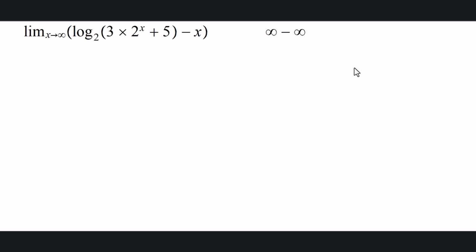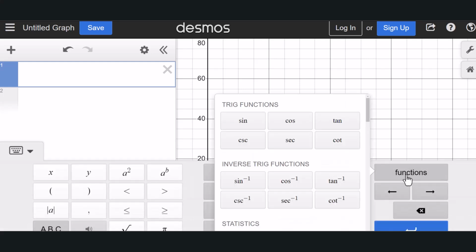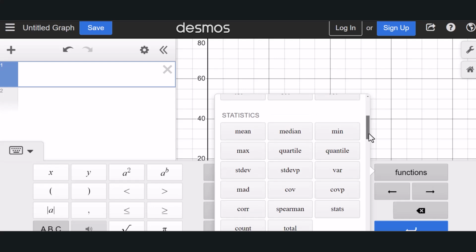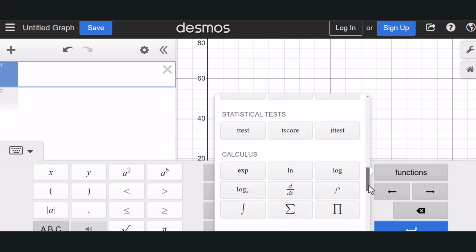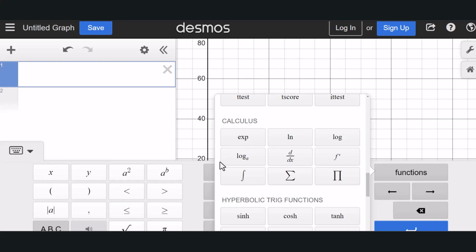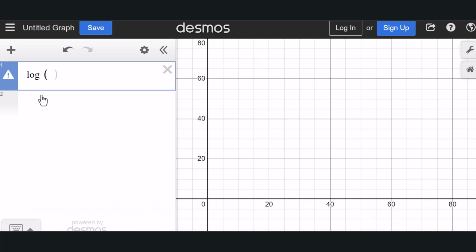All right. So we will first go to Desmos and see how it looks. And if you want to input a logarithm with a base other than e, which you can write as ln, you can just scroll through this function feature. And here it lets you write log with respect to another base.